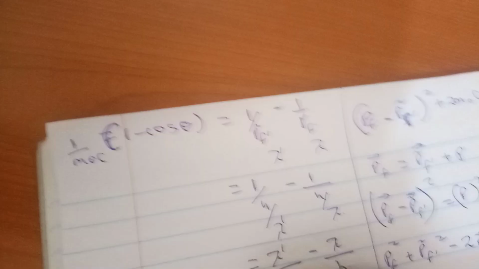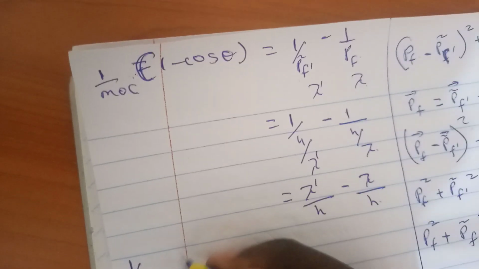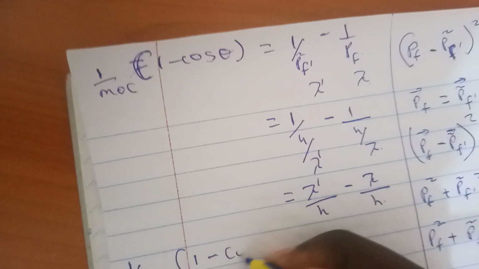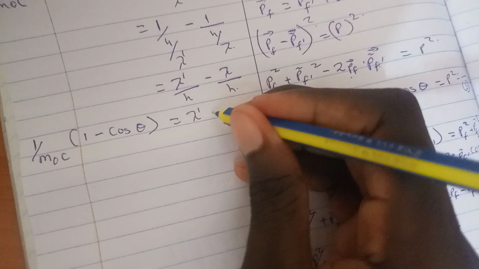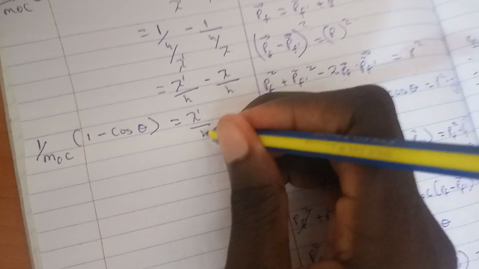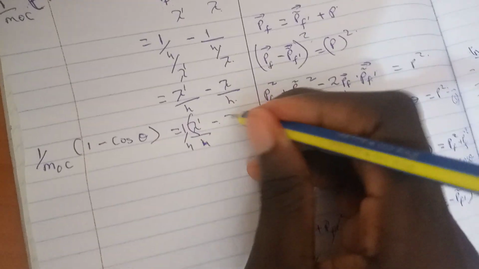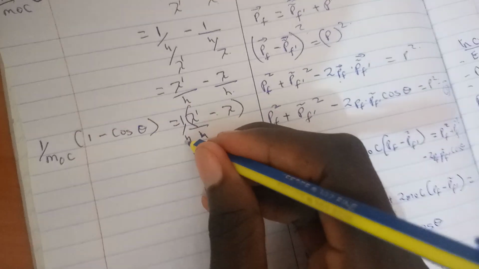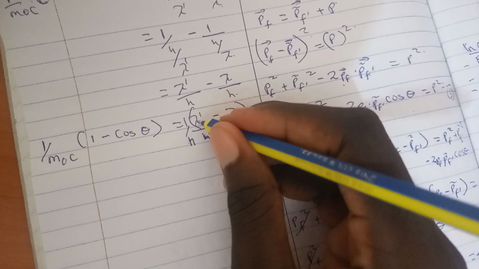Okay, now we can rewrite the equation, this one here, to 1 out of m naught c into 1 minus cos theta is equals to 1 out of h, which is Planck's constant, into lambda prime minus lambda.